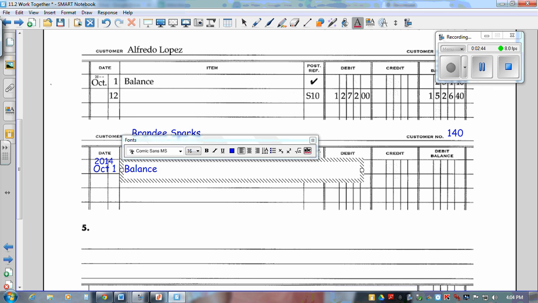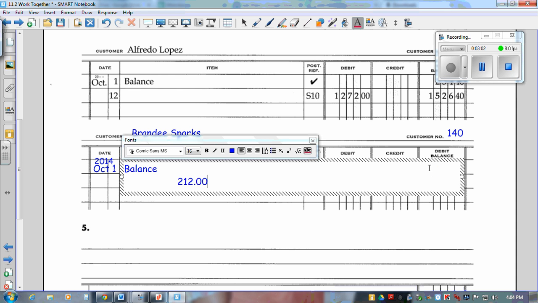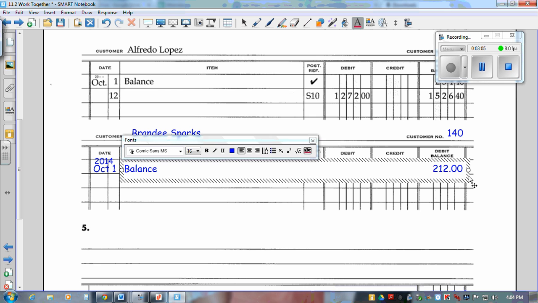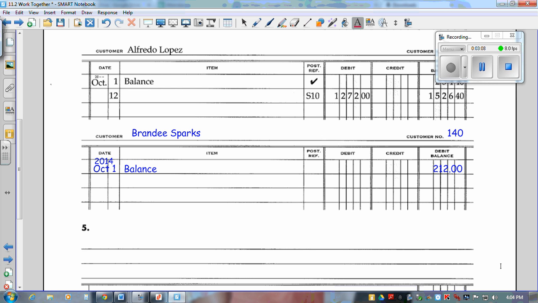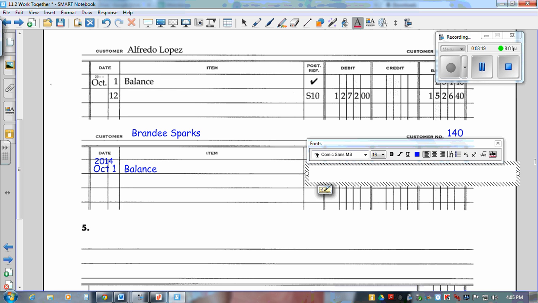And then we're going to come all the way over to the debit balance column. It says her beginning balance is $212. Mine may not line up just perfect. Okay, so Brandy Sparks has her ledger account open with the balance brought forward of $212. The last thing we need to do is in here in the middle, we need to put a check mark. I don't think I can do that here, so I'm just going to make an X.